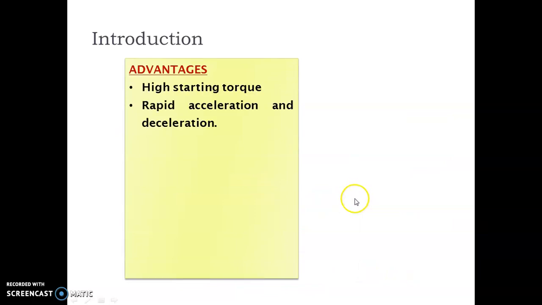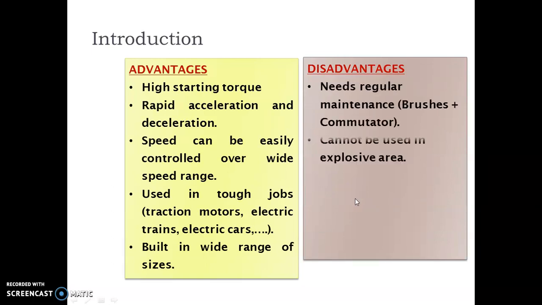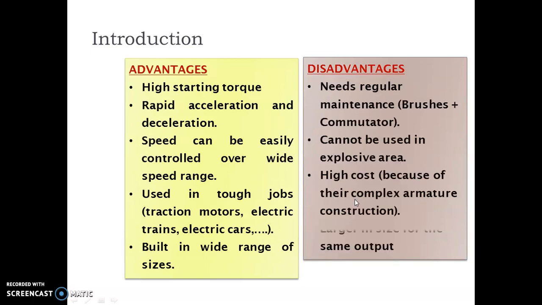Now there are certain advantages and disadvantages of DC machines that I show you here. Advantages: high starting torque, and rapid acceleration and deceleration. In railway traction, speed control is very smooth.